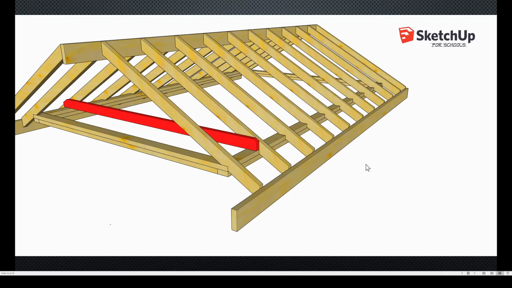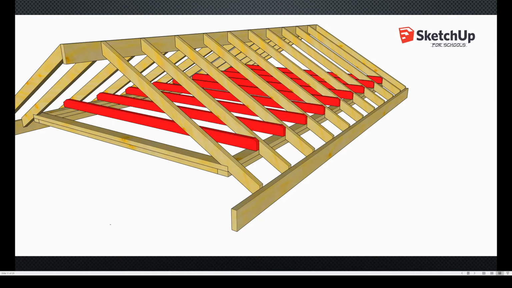Some people on a small shed like this might not worry about it, but it's kind of an important concept, so we'll add them to our shed just to make sure that we've got it good. When you're finished, we should have a rafter tie on each rafter, and that would hold that roof from spreading out the walls like that.